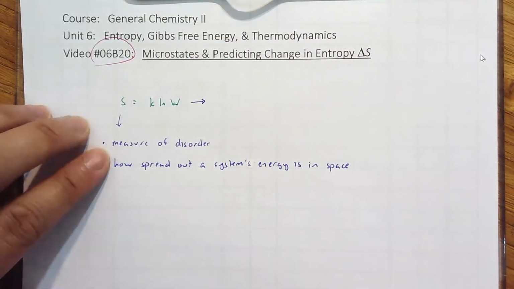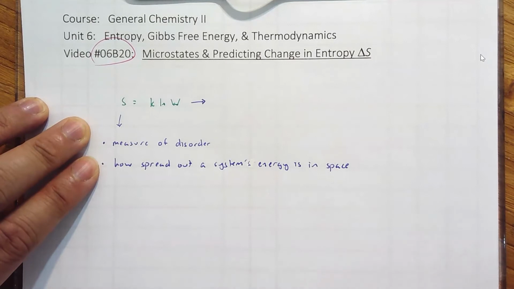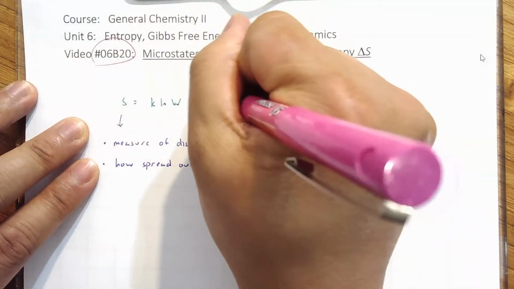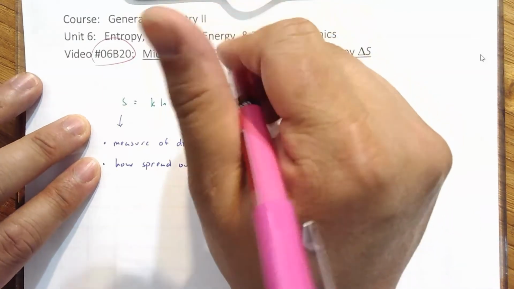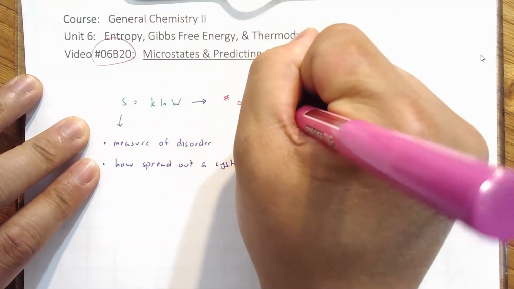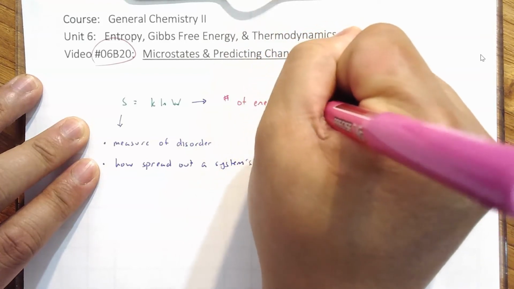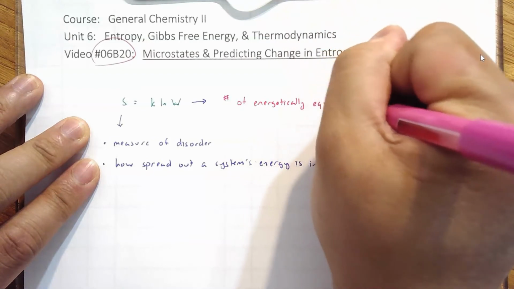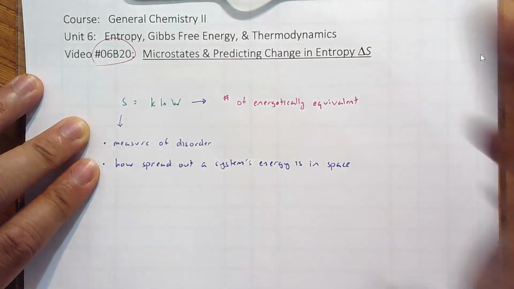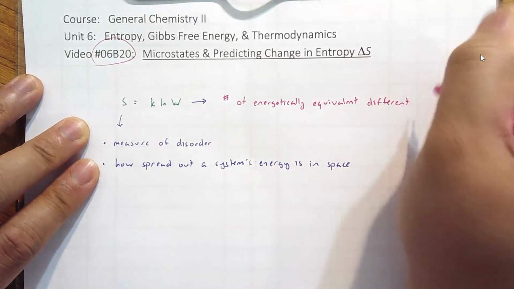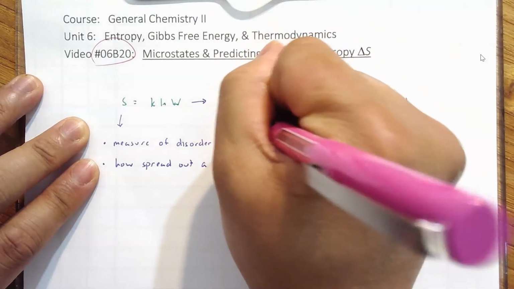W. The key to understanding the Boltzmann equation is to understand W. W is, and again, this is just a rehash of the last video, the number of energetically equivalent different ways the molecules in a system can be arranged.